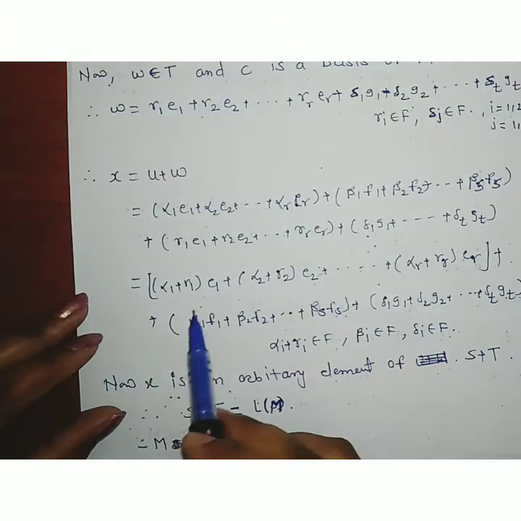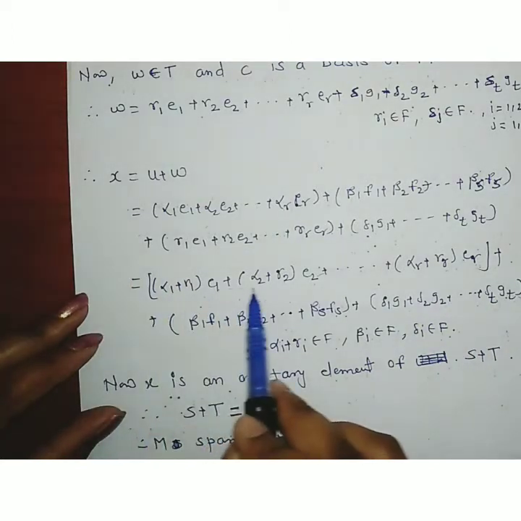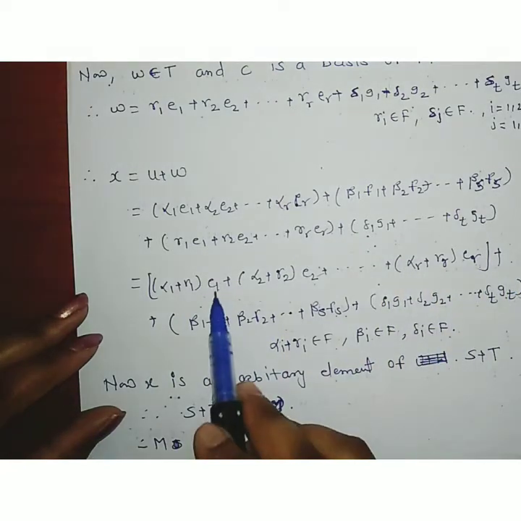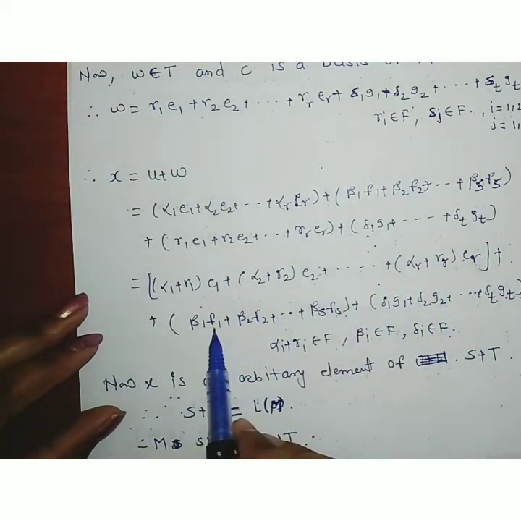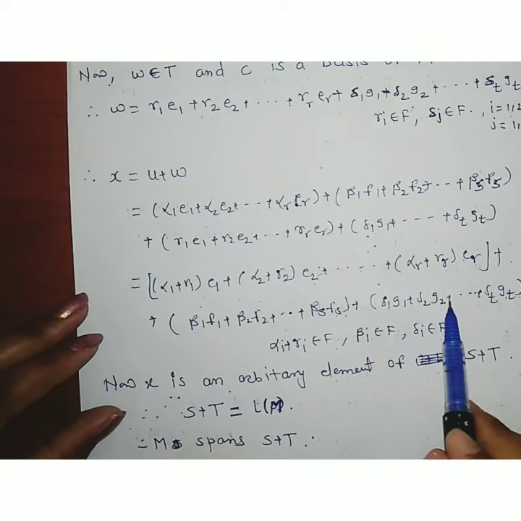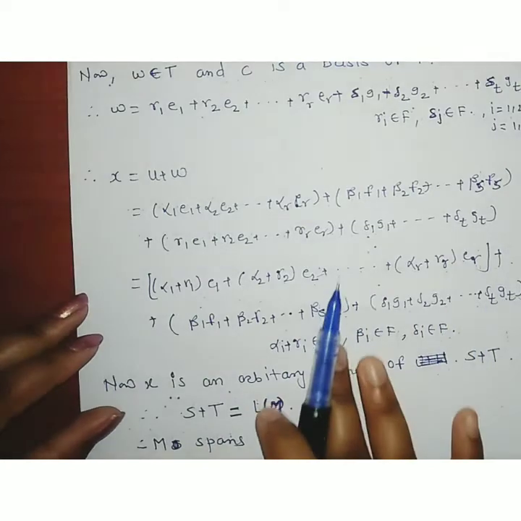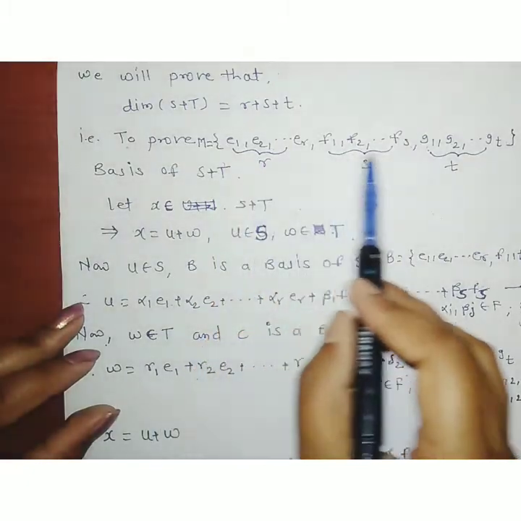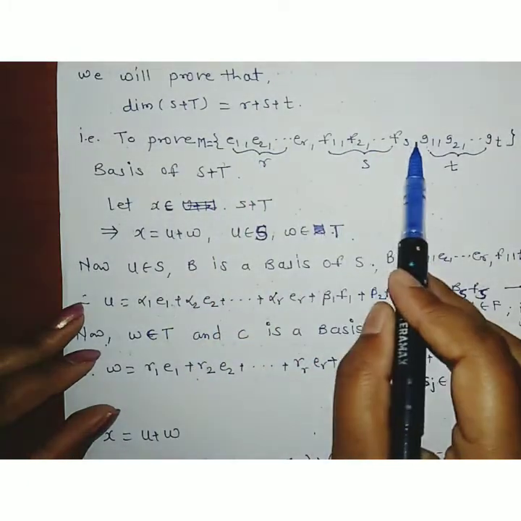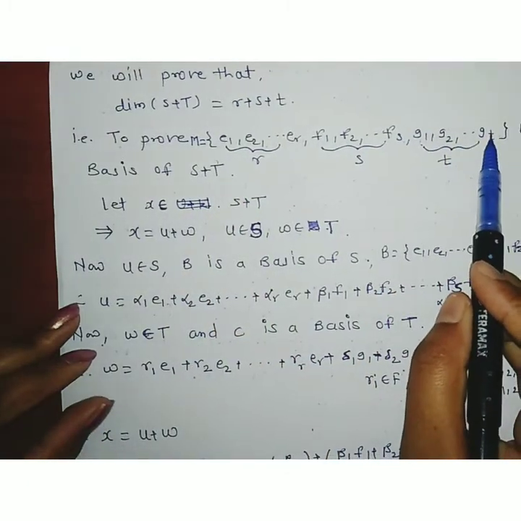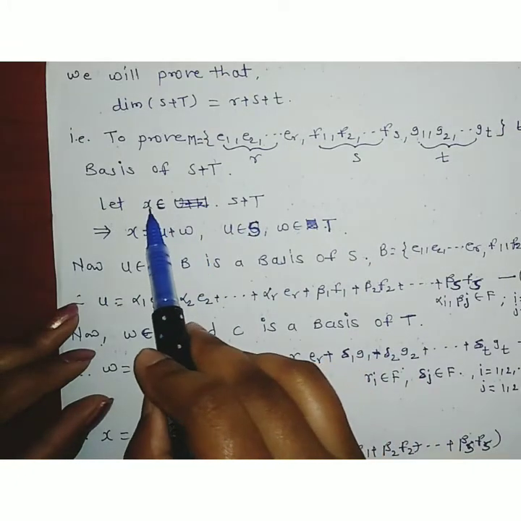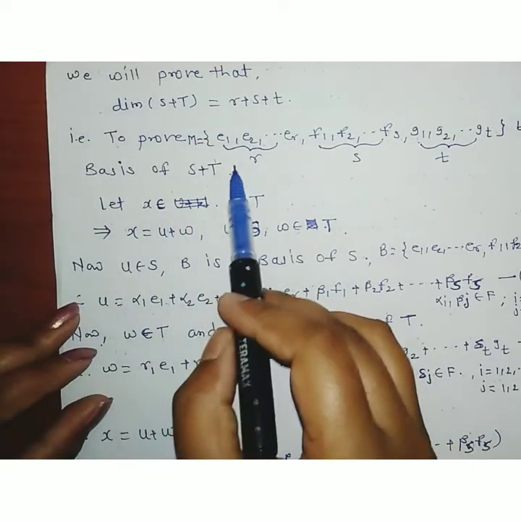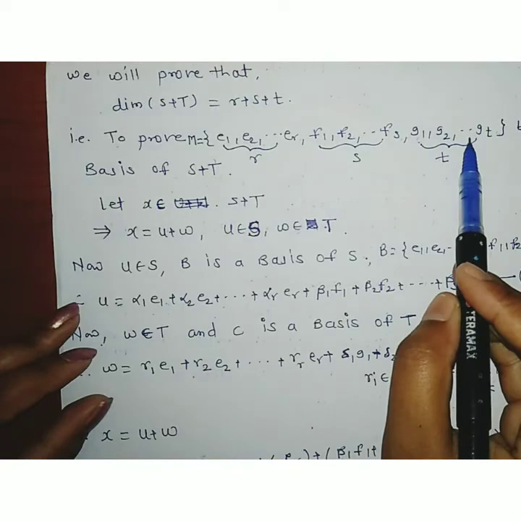Therefore, x is a member which can be written as a linear combination of these vectors: e1, e2, er, f1, f2, fs, and g1, g2, gt. That is, every arbitrary member x belonging to S plus T can be written as a linear combination of all these vectors.